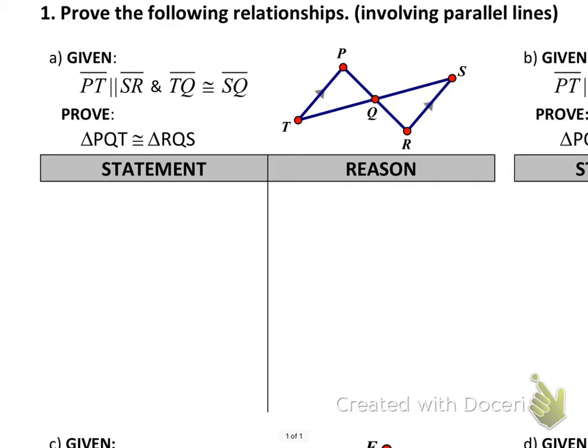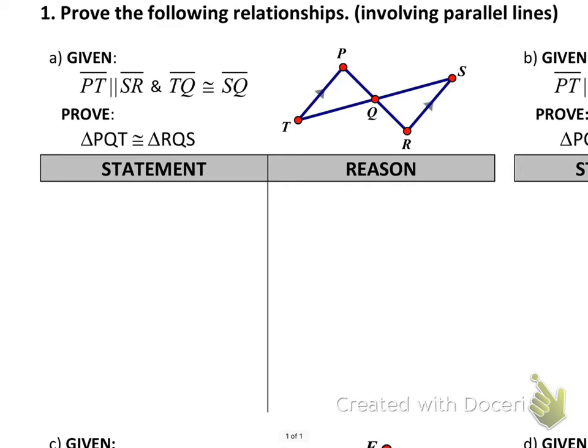So, we'll just start writing the proof. And keep in mind, and I'll mention this at the beginning, when we have parallel lines, that opens up different angle relationships that we haven't seen before. Like alternate interior angles, corresponding angles, same side interior angles.